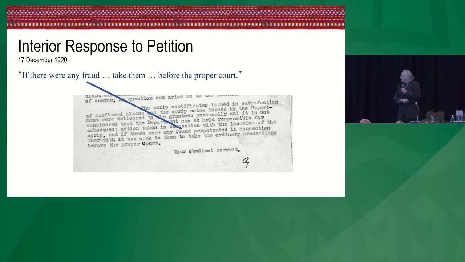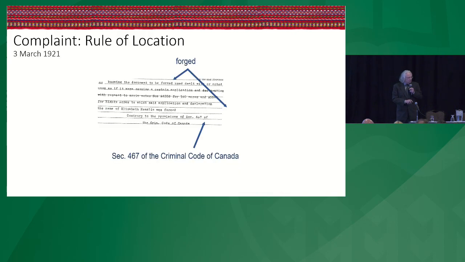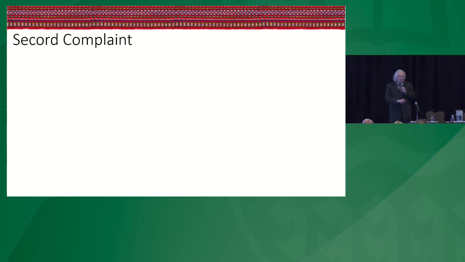So then there's a complaint against Secord. And one of the things the Interior Department did, okay, so they tried a case against the Crown, they tried a petition, and now he says, well, if there's any fraud, go to court, right? Well, they took that as a green light. And they swore out a complaint, focused on the rule of location, and that there was forgeries, contrary to the Criminal Code of Canada, against a Richard Secord.